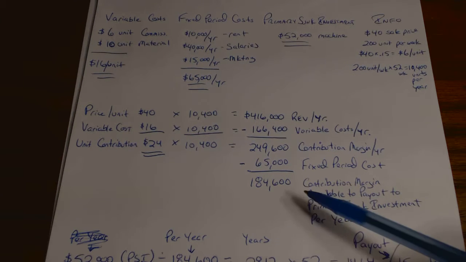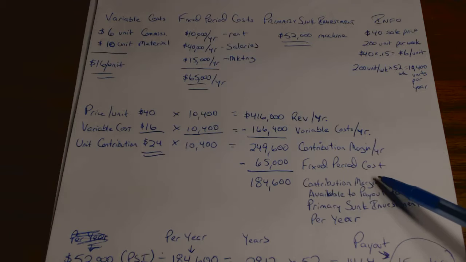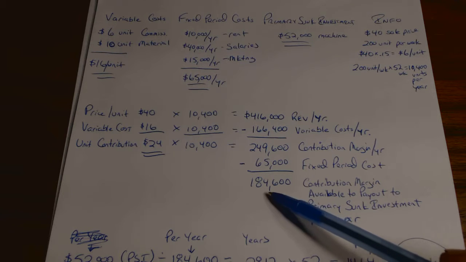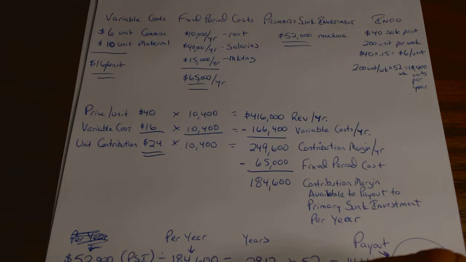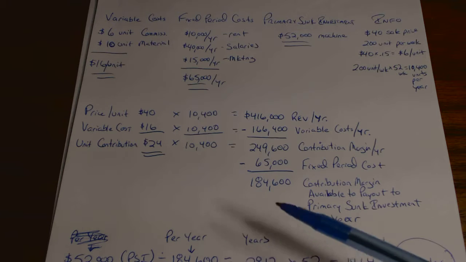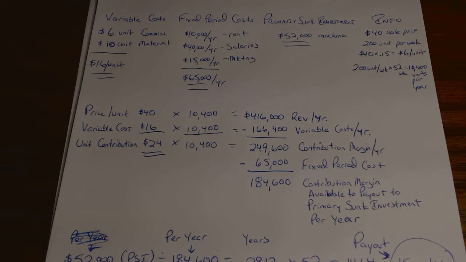But you know that you have a gross contribution margin per year of $184,600. So you divide the 52,000 by the 184,600, just like you would divide, if this was a smaller number, by whatever your contribution margin is for the period, and that gets you 0.2817 years.